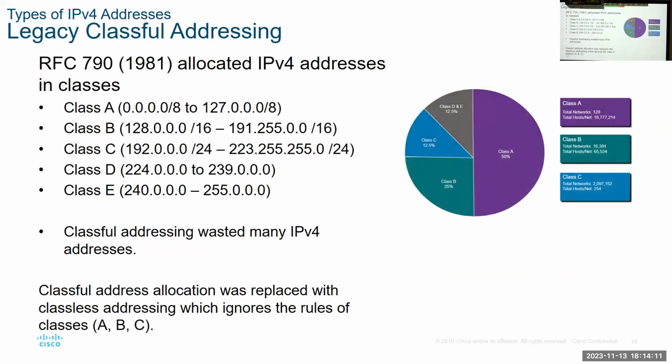Okay, you know the class A, B, C, and D. Hopefully those ranges are starting to stick. And again, that's classful, and classless means we can assign any subnet mask we want. We don't have to use the classful subnet mask.